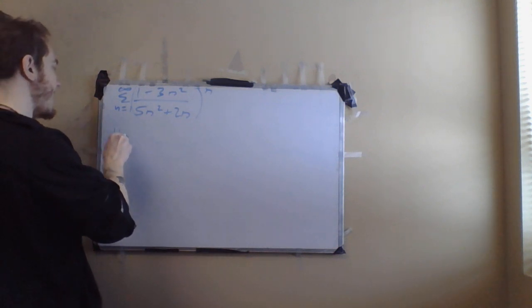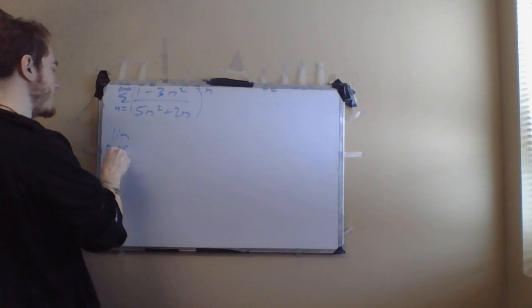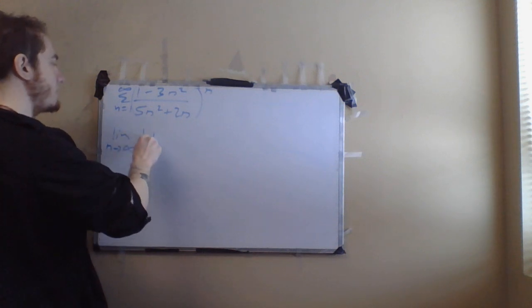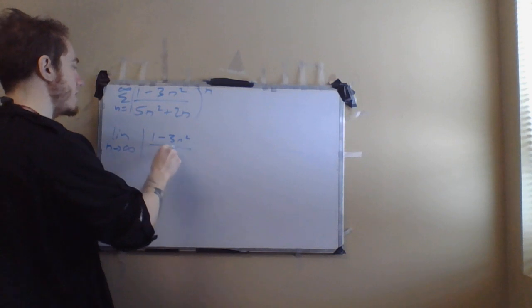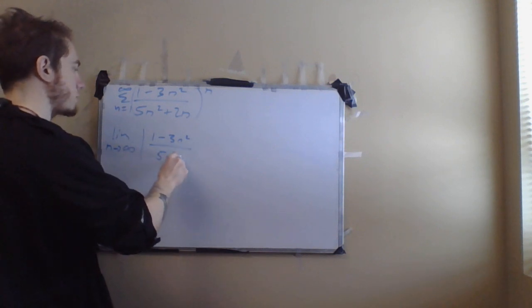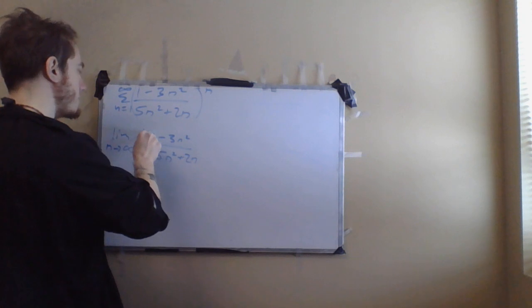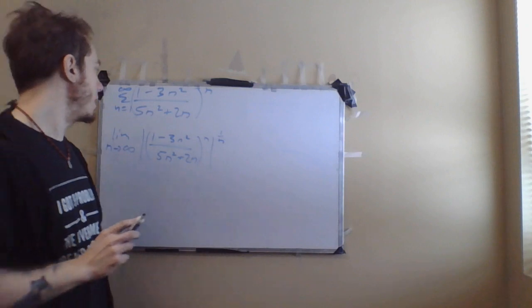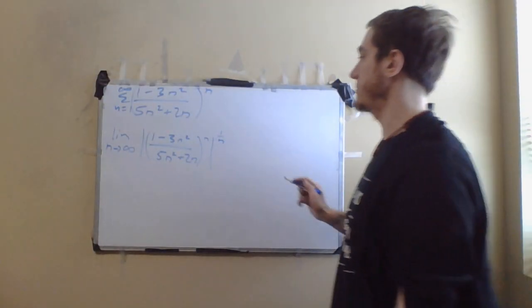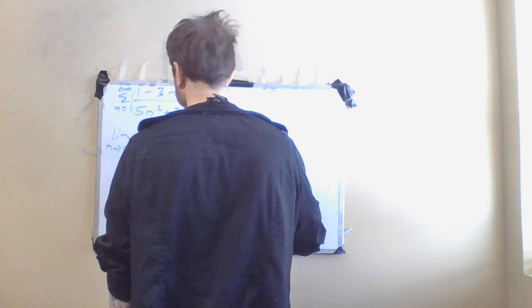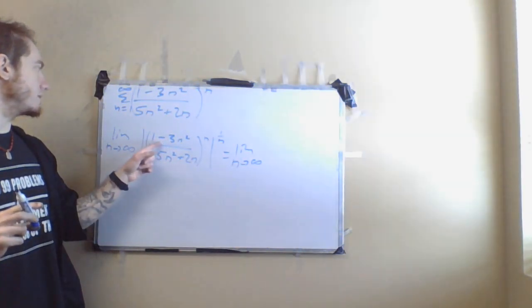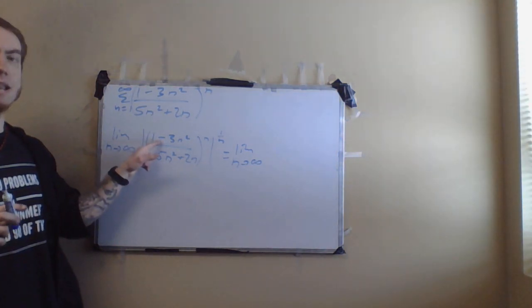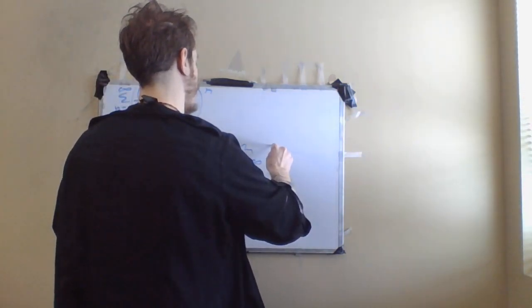Well, let's take a look at the limit as n approaches infinity of the absolute value of (1 minus 3n squared) divided by (5n squared plus 2n), to the nth power, to the 1 over n. So what this is going to come out to be, now we need to be a little bit careful here about our signs. The numerator is going to give me always a negative number. So I need to switch the sign to 3n squared minus 1.